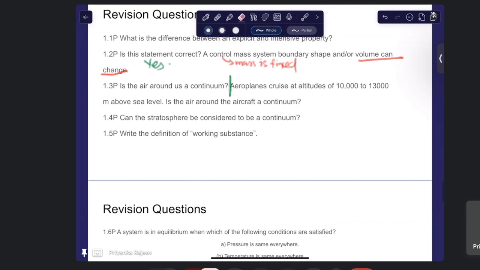So here we have got Earth. Okay, Earth is there. Then atmosphere layers are as follows.